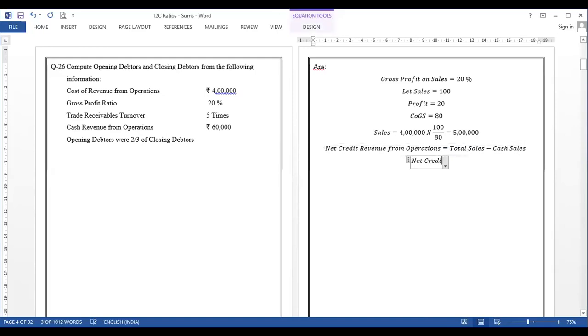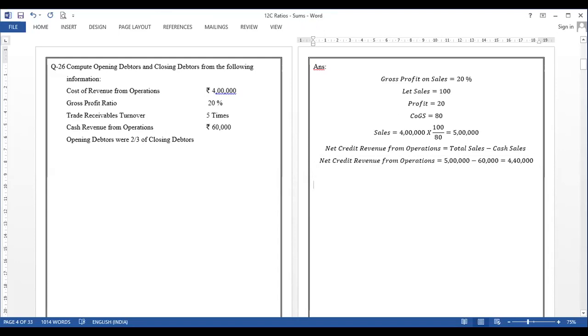Net credit revenue from operations will be equal to total sales calculated as 5 lakh rupees minus cash of 60,000. So the difference is 4,40,000.